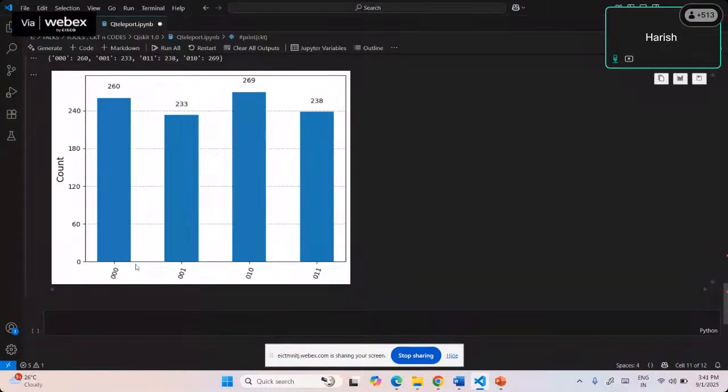So the first two qubits can be any of the four possible combinations, 0 0, 1 0, 0 1 or 1 1, with 25% probability. But your last qubit is always 0.